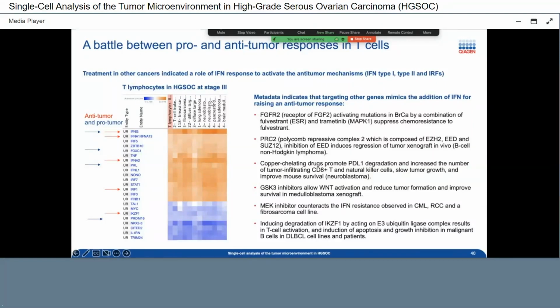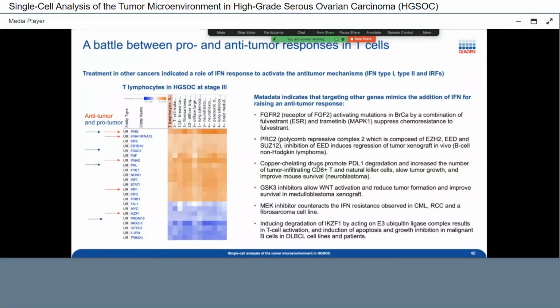First of all, the metadata overall seems to indicate that targeting other genes may mimic the addition of interferon for raising an anti-tumor response. And I'm going to put that very lightly because anti-tumor response, I can defend that aspect. I can also defend the pro-tumor response. Again, I'm talking about a balance here. The fight to get rid of or promote the cancer is really tricky. And all the cells combined do that. But that's what I found here for the metadata.